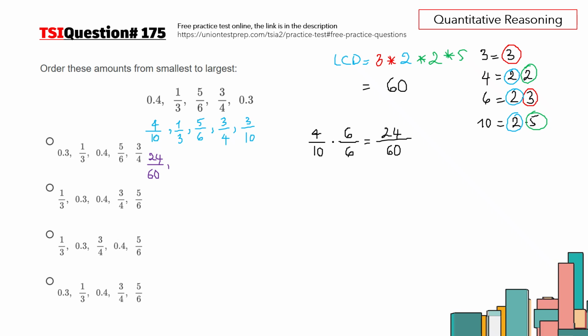The next one is 1/3. We do the same thing. We want to convert it into something over 60. So 3 times 20 will make 60, so we multiply top and bottom by 20. 1 times 20 is 20, so now we have 20 out of 60.